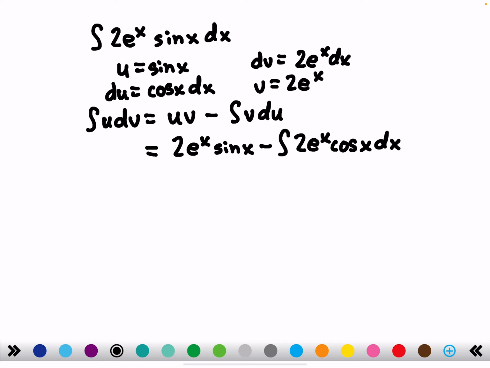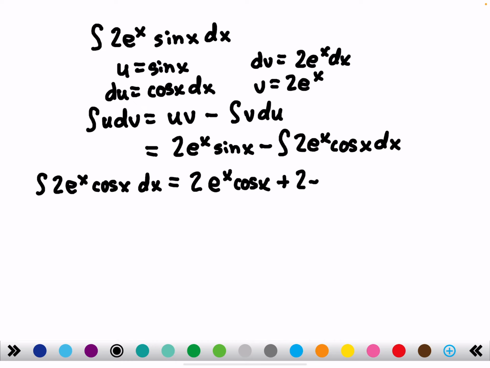So let's write out all the results so far based on what we've obtained. We started out with the integral of 2e to the x cosine x dx, and that was equal to 2e to the x cosine x plus 2e to the x sine x. And here we have minus the integral of 2e to the x cosine x dx.